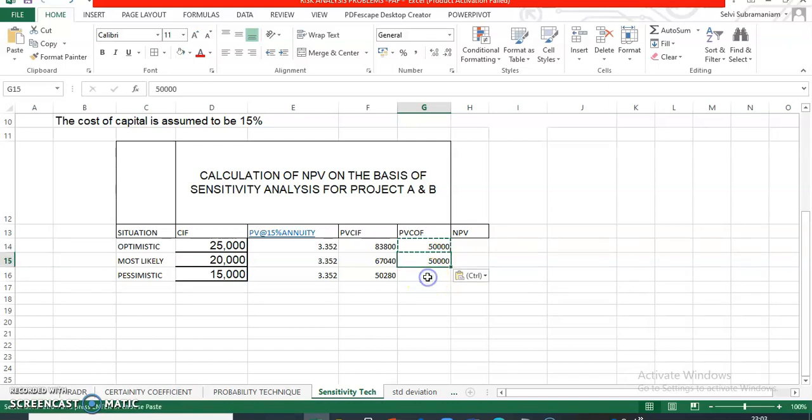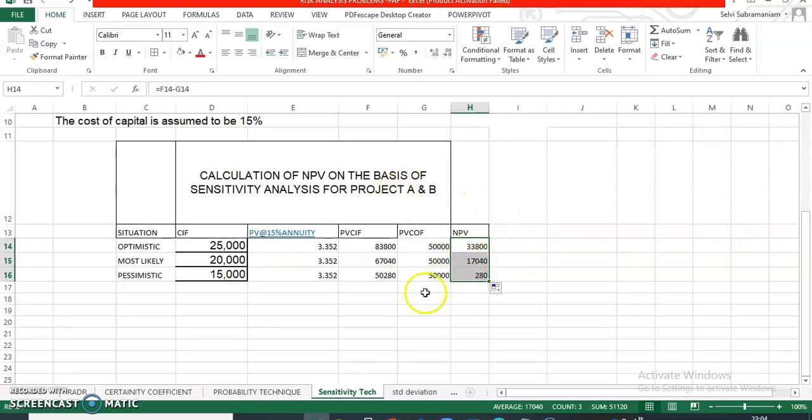So I'll take the values over here. So NPV therefore is equal to 83,800 minus 50,000, right? So you get the value as this. So if you look at the NPV, it is 33,800, 17,040 and 280.